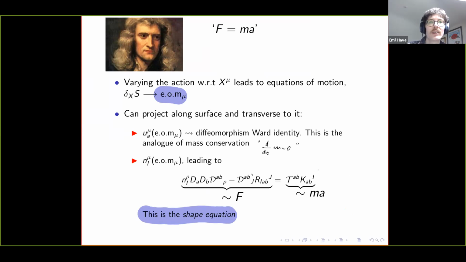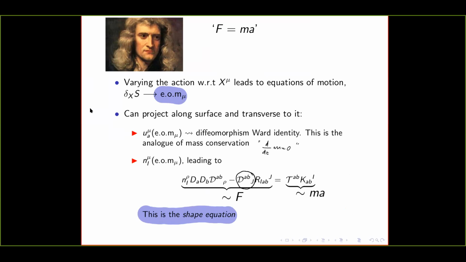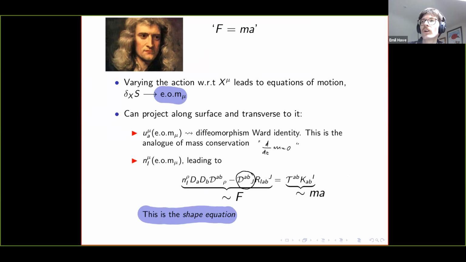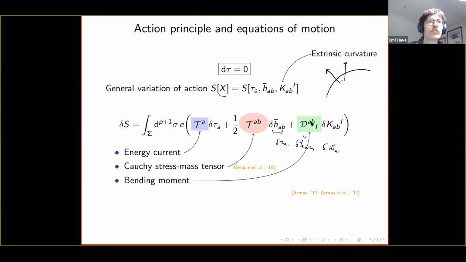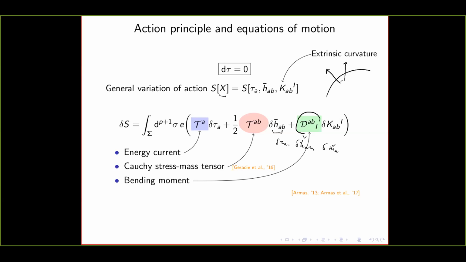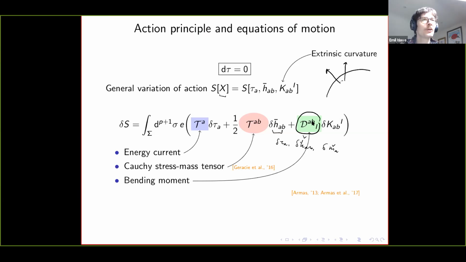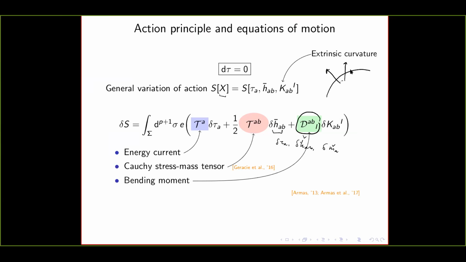So you mean this thing here, right? Yeah, exactly. So this is the response to the variation of the extrinsic curvature. So it's the response to a change in the bending of the membrane. Okay. Thank you. You're welcome.